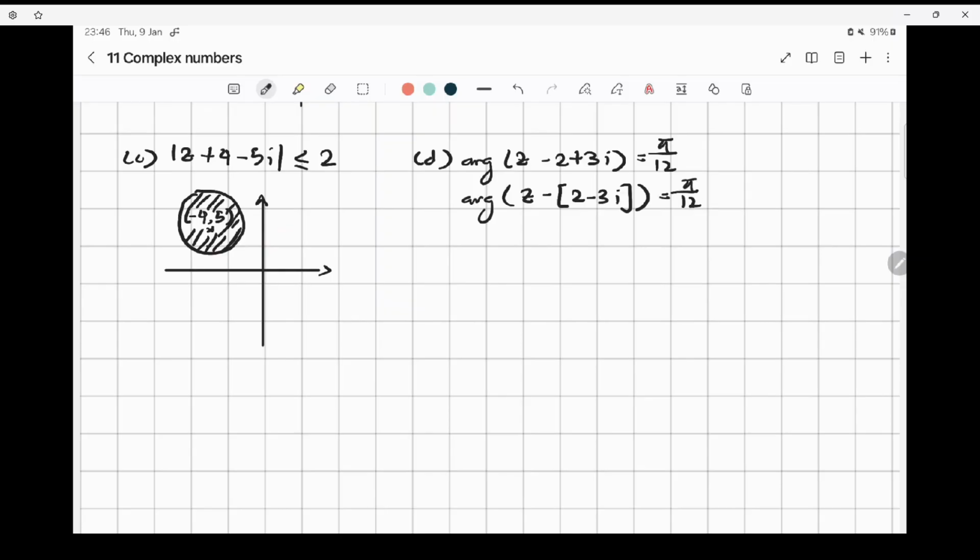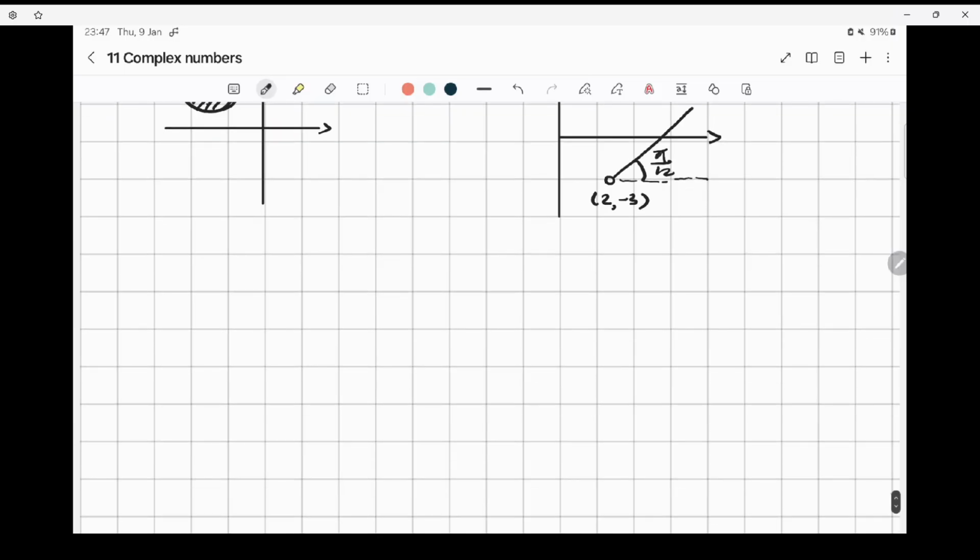So in this case, it's not that difficult to understand, because essentially what you need to do is to start from 2 minus 3. Sorry, remember to draw the open circle. This is 2 minus 3. And then you go up. And this angle will be pi over 12. So that will be your locus.